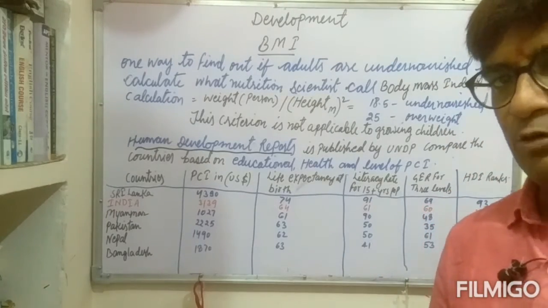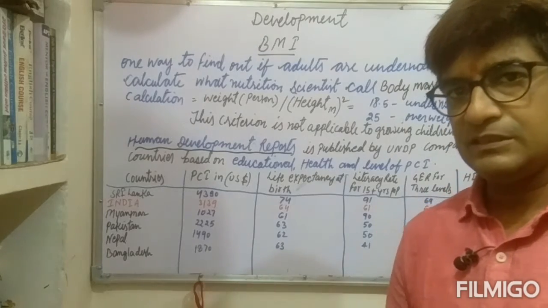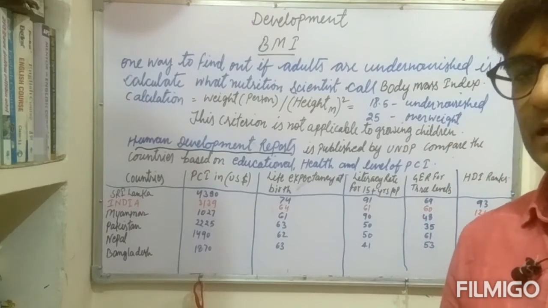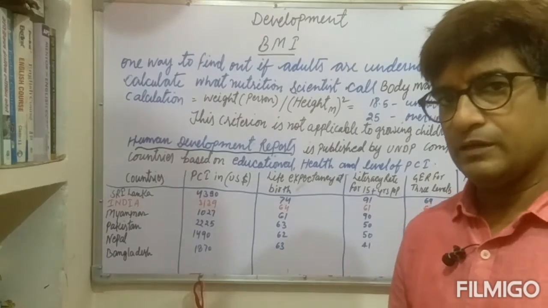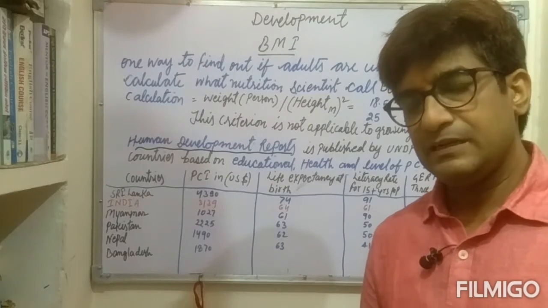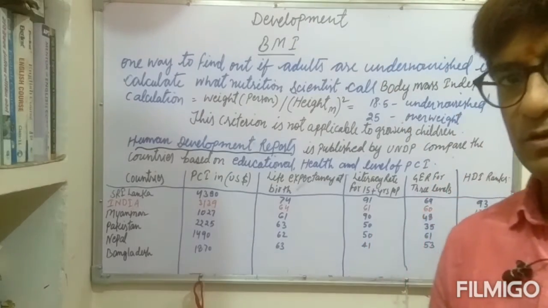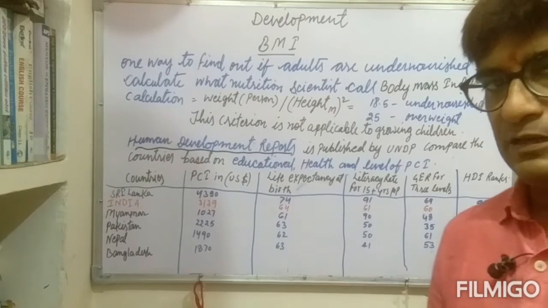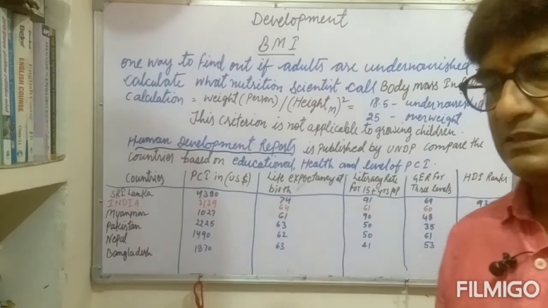Then you can say that the person is very healthy. Otherwise, below 18.5 and over 25 BMI, it means it is not a good BMI, and you will see a lot of alerts after this calculation.